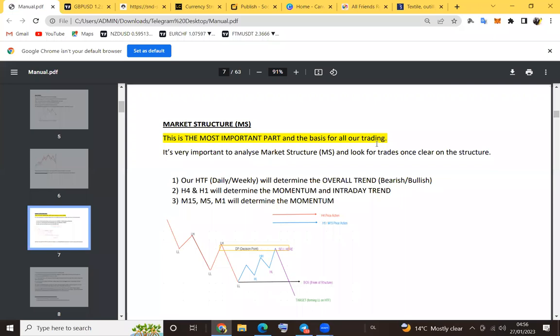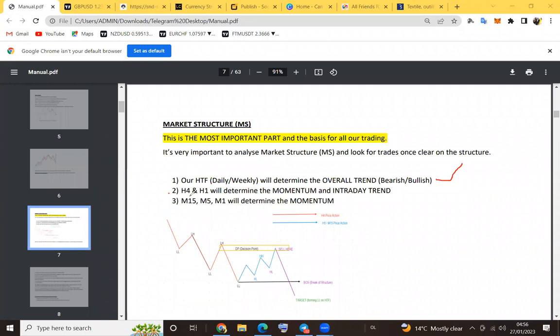Now, these are some key things to take home. 1, our higher time frame, which is the daily and the weekly, will determine the overall trend of the market. So when I'm doing market structure, I will likely go to the daily or the weekly chart to find the overall market structure.